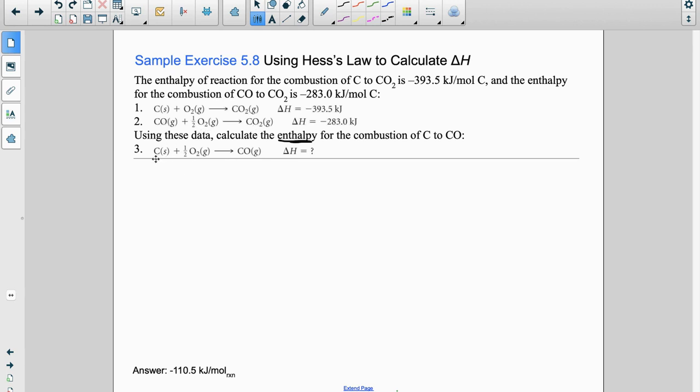So the first thing I see is that I have carbon solid on the left. And if I look at step 1, carbon solid is on the left. So I'm going to take step 1, I'm going to rewrite it.